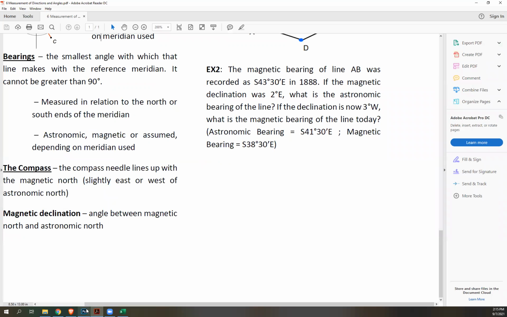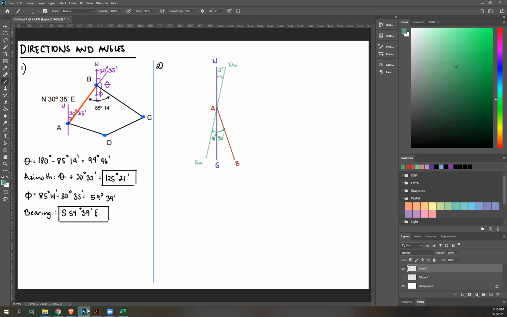When we're looking for astronomic bearing, you want to get our measurements from the true bearings. So from this violet line, this violet line is your astronomic north or true north and south line or true meridian. To get bearing from A to B, that's this angle over here, and let's call that theta. To get that theta, just look at our drawing. This total thing is 4130.